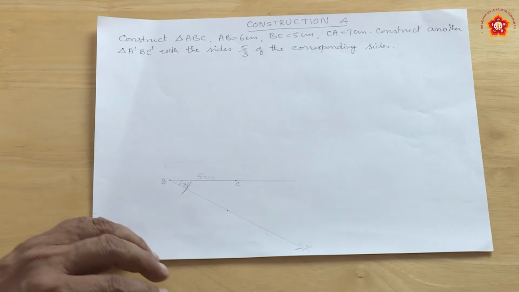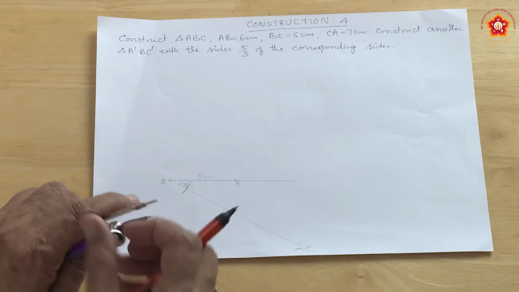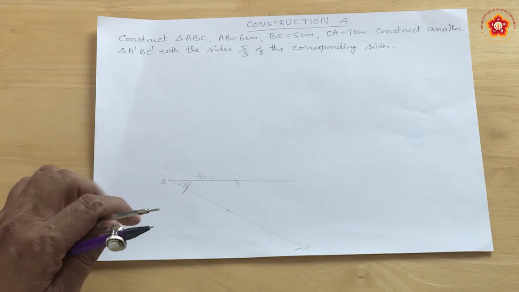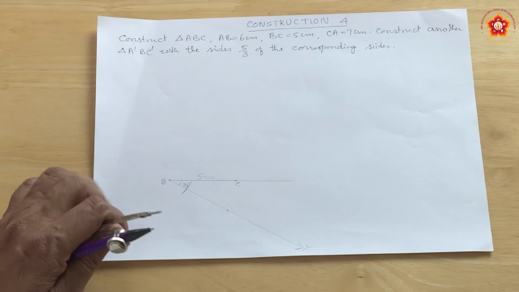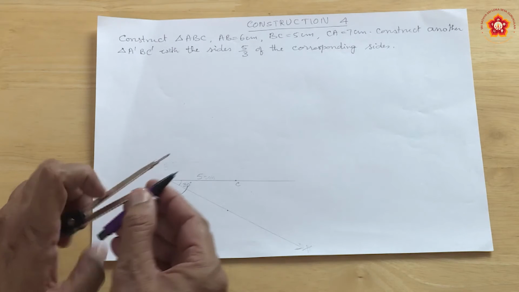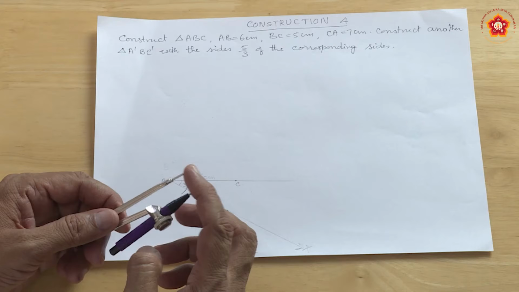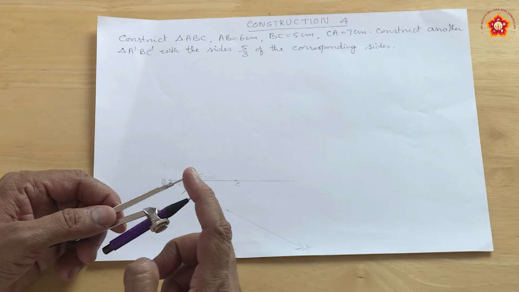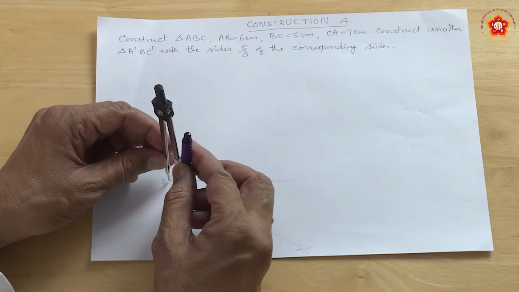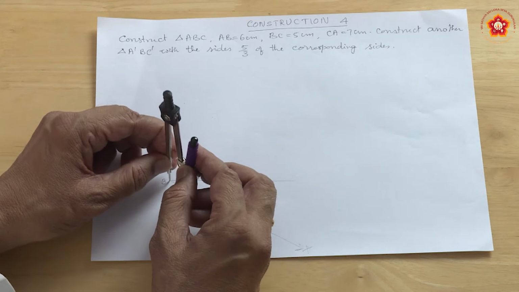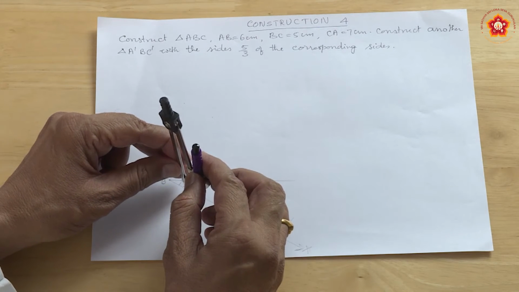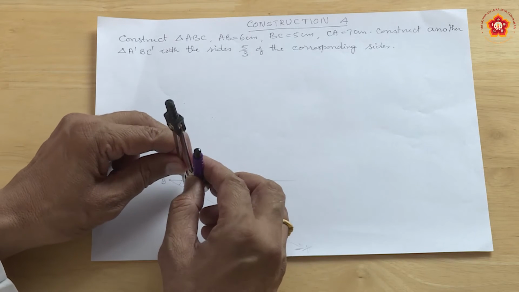Now, the ratio is 5/3. So, 5/3 means you have to draw 5 arcs of the same measurement. Now, I have taken a measurement of say 1.5, and from B cut off 5 arcs of the same measurement, as we had done in the previous construction.